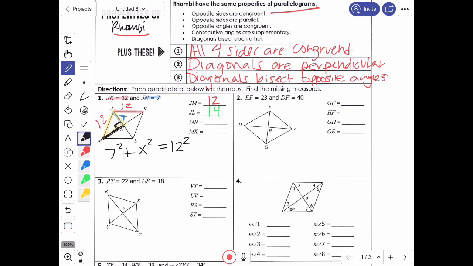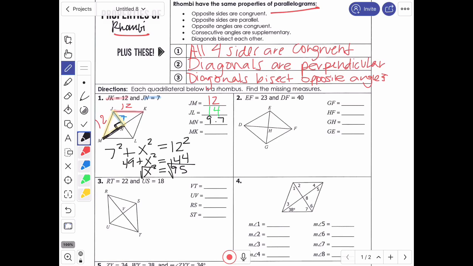Okay, so then 7 squared turns into 49 plus x squared equals 144. Subtract 49, and I get x squared equals 95. Take the square root, and you get x equals 9.7, so I'm just going to make it 9.7 instead of keeping it as the square root of 95.